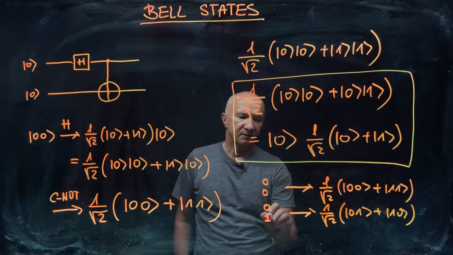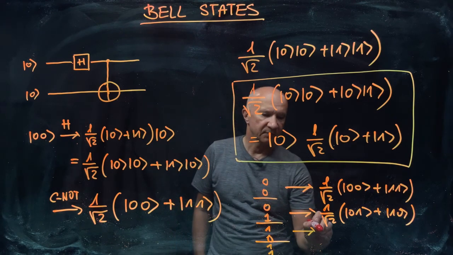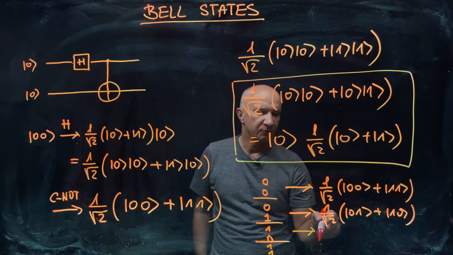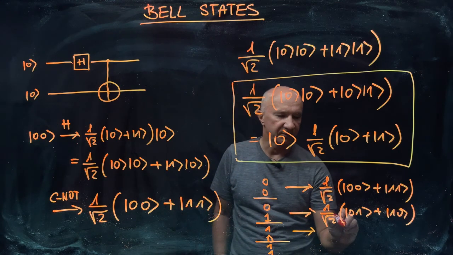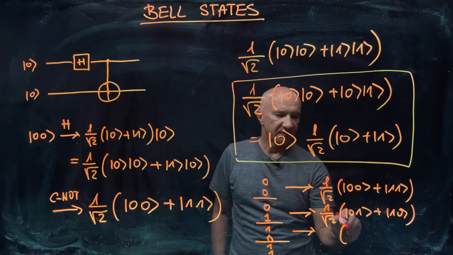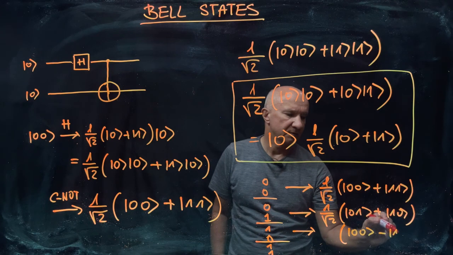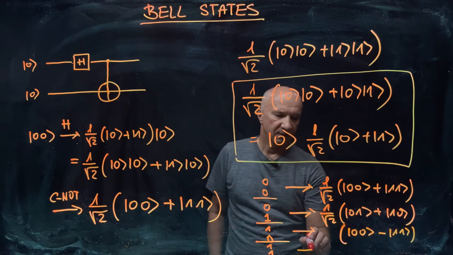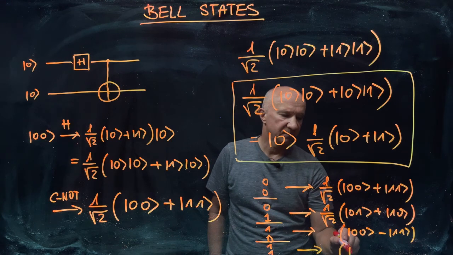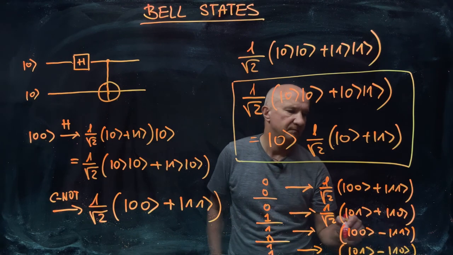And if you take 1, 0, there will be 1 over square root of 2 everywhere, so it's a normalized state, and in this case I'll get 0, 0 minus 1, 1. And the last case gives me 0, 1 minus 1, 0.